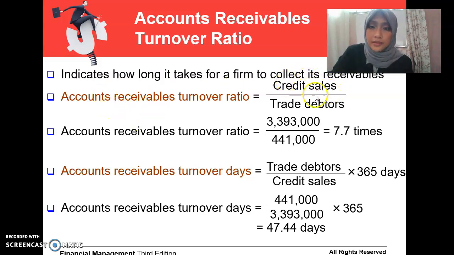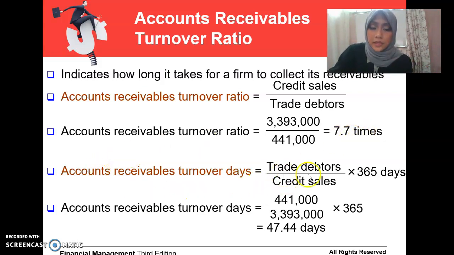So the formula is credit sale over credit debtor. In the income statement, you take the figure divided by credit debtor, you will get 7.7 times. So basically, the firm has 7.7 times, or you can take it as 8 days, an average of 8 days in order to collect its receivable.